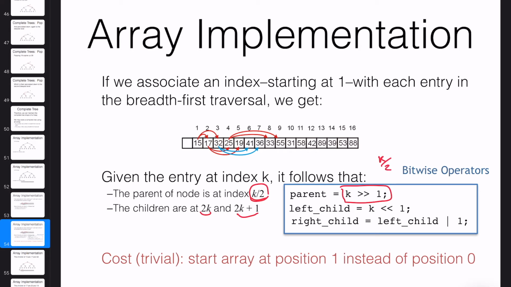The difference between bitwise operators and regular division and multiplication is that bitwise operators are much faster.